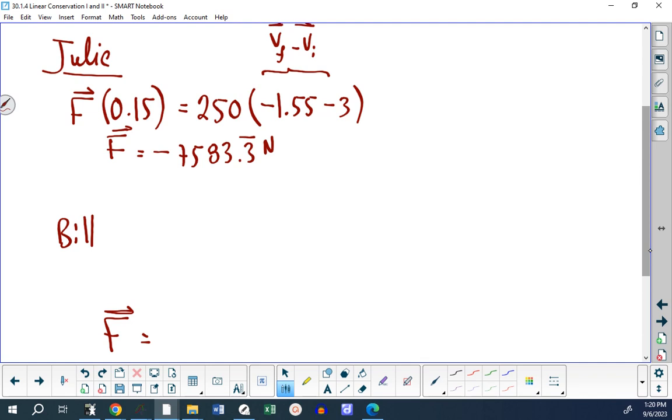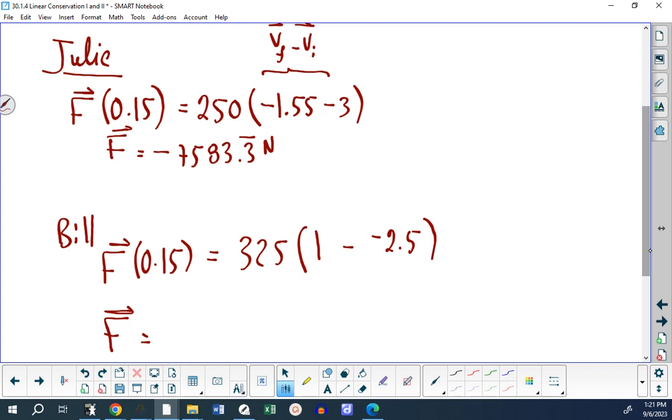You can confirm that. 325, I'm going to need your help here again. Negative, so 1 minus negative 2.5. Just confirm on your calculator that when you run this through, you're going to get that 7583.3 repeating.